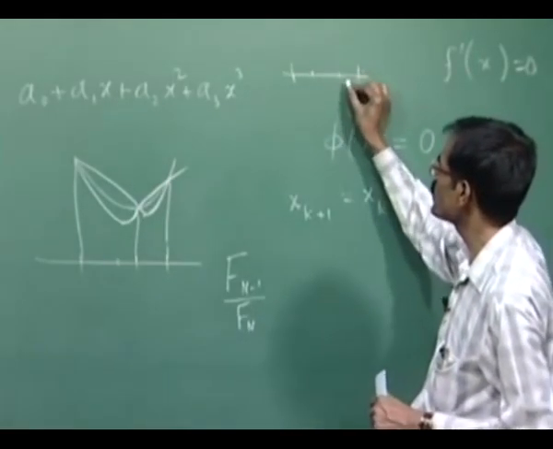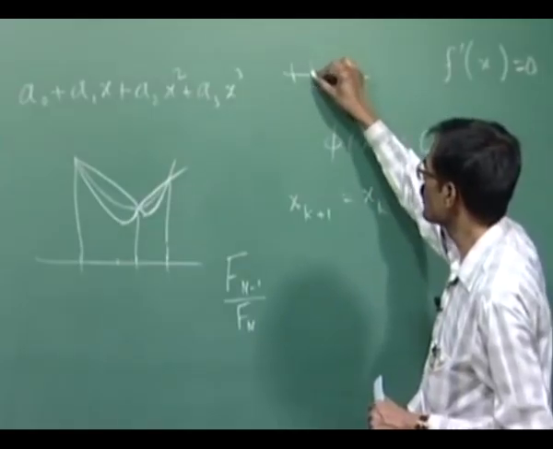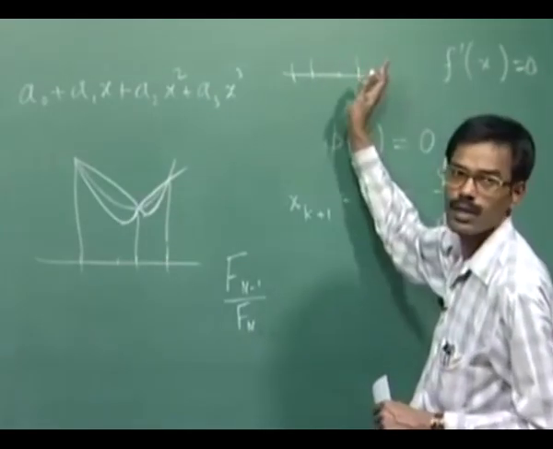So, whichever maintains the bracket is retained and the other is removed.